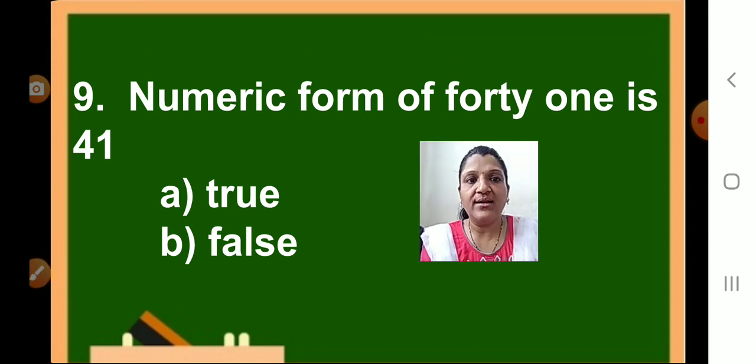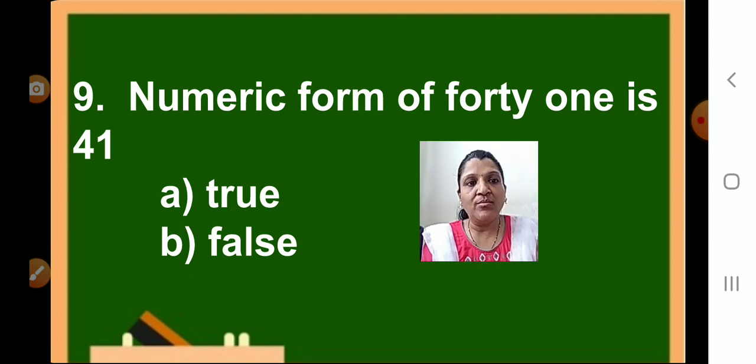Question number 9. Numeric form of forty-one is 41. What is 41? 41. And what is the number name asked? This is also 41. So is this statement correct, children? You tell me.